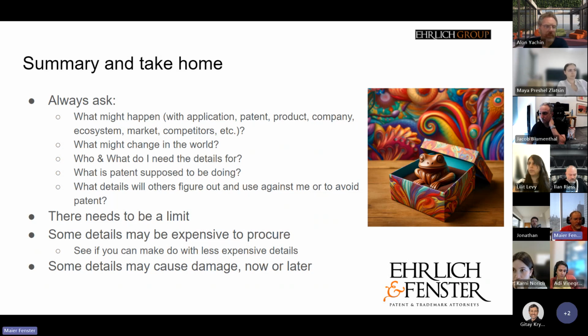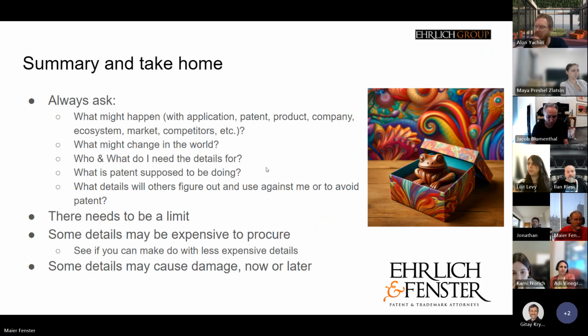You always need to ask what's going to happen, what's going to change, what do I need the details for, what is this patent supposed to be doing, and what details that if I don't put them in, other people will figure them out and use them against me or not. Details cost money, so you have to look for cheaper details, and some of them can actually cause damage to the company.